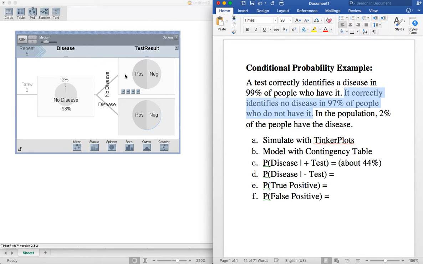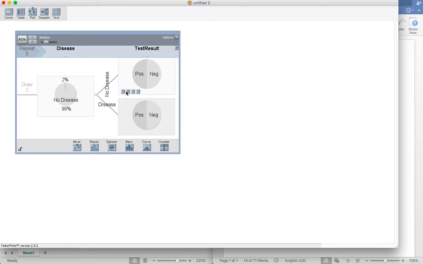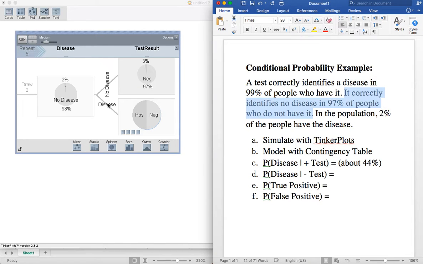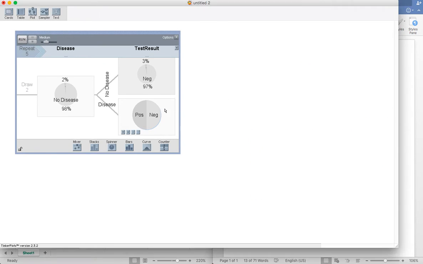So my negative tests here should be 97%. It correctly identifies the disease in 99% of people who do have it. So if I have the disease, 99% of those people should have a positive test.